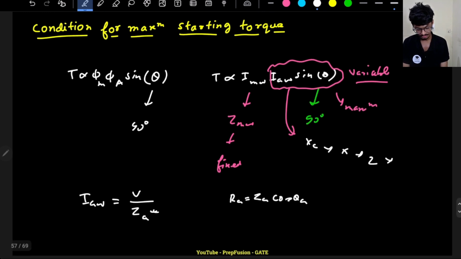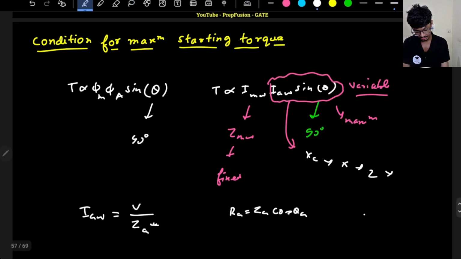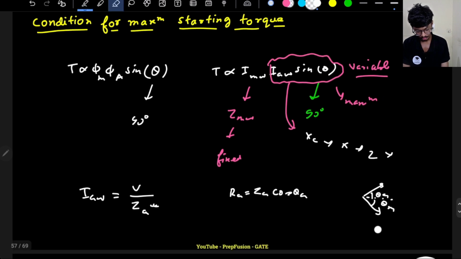Remember, this theta is the angle between the auxiliary and the main winding. So the auxiliary winding is somewhere here, this is theta A, and the main winding is somewhere here, that is theta M.